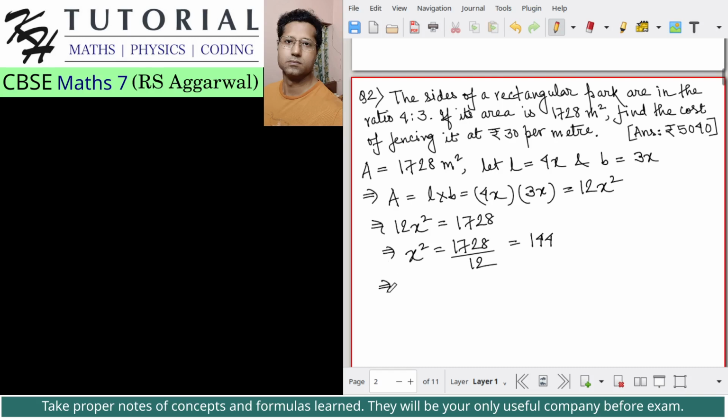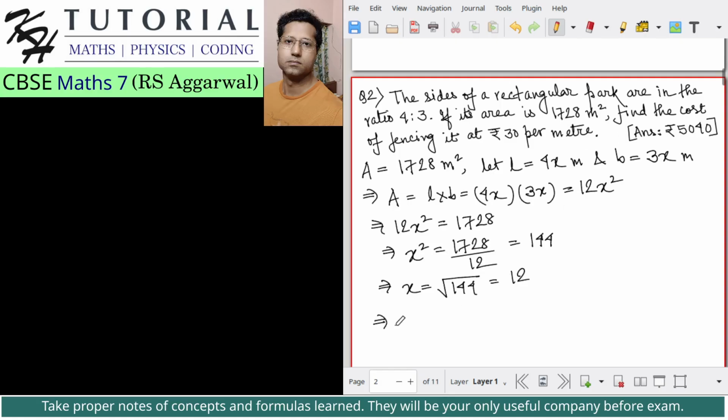So this implies x is equal to square root of 144, which is equal to 12 meter. Sorry, x is not 12 meter. Remember, the correct way of assuming is: let L is equal to 4x meter and breadth B is equal to 3x meter, since the units are given in meter, area is given in meter square. Okay, so now we have x equals 12.